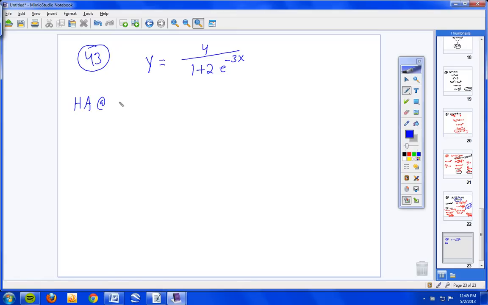They always have a horizontal asymptote at 0, and then they will also have a horizontal asymptote where this top number is. The model looks like y equals C over 1 plus a e to the negative rx. So C, this number up here, is always going to be your other horizontal asymptote, always. So horizontal asymptotes at 0 and 4.